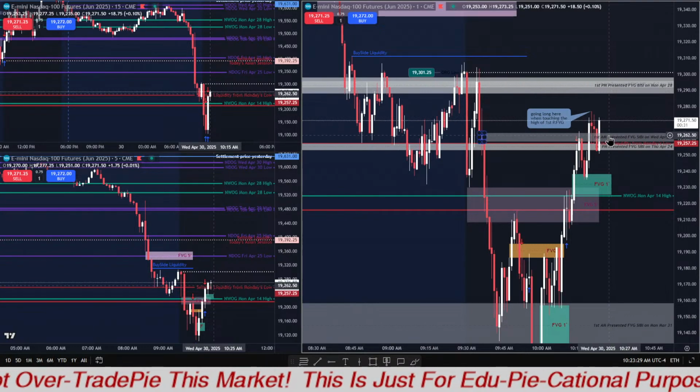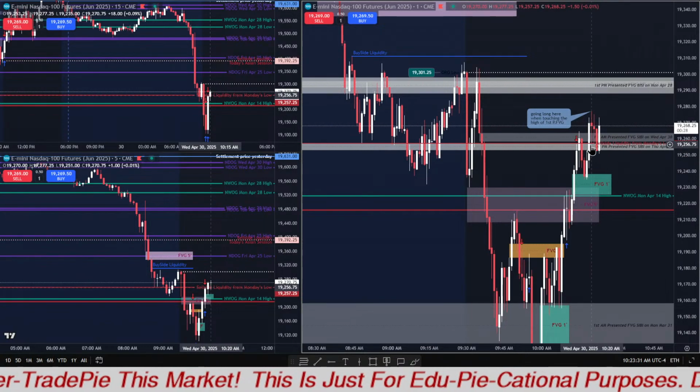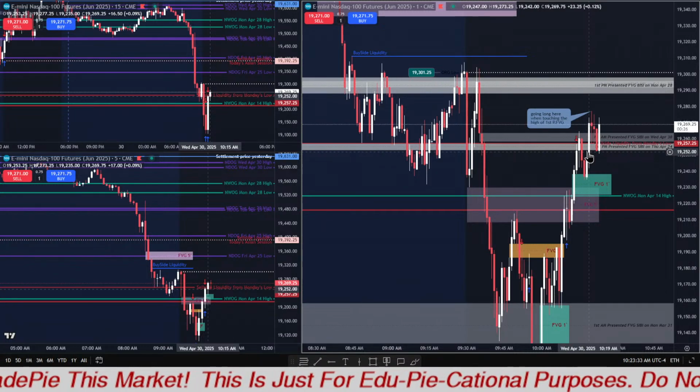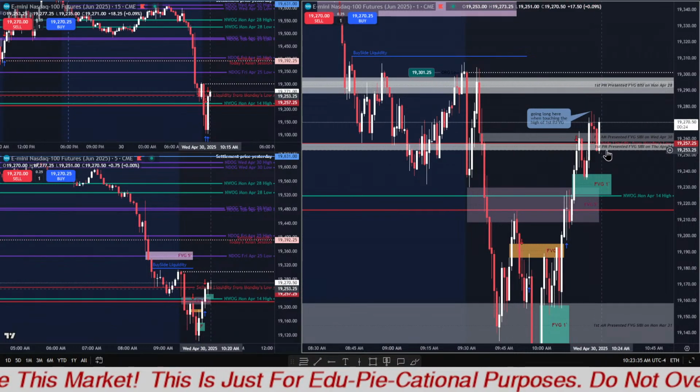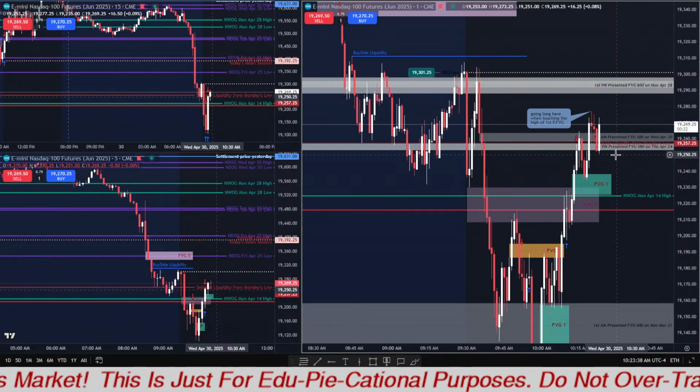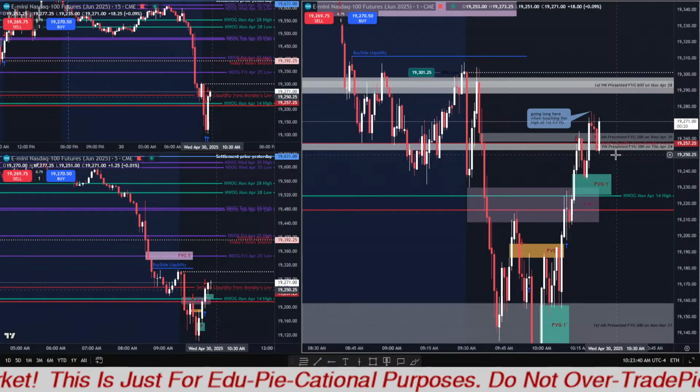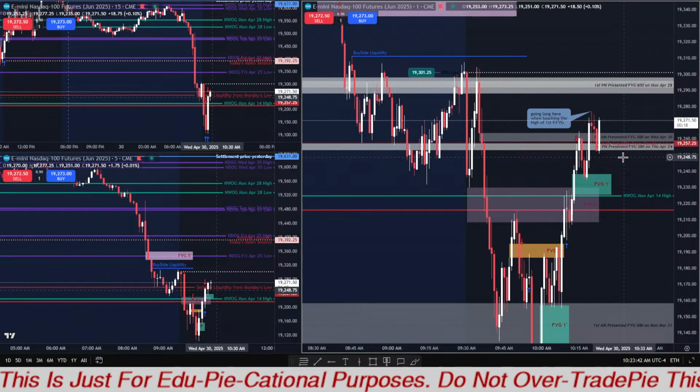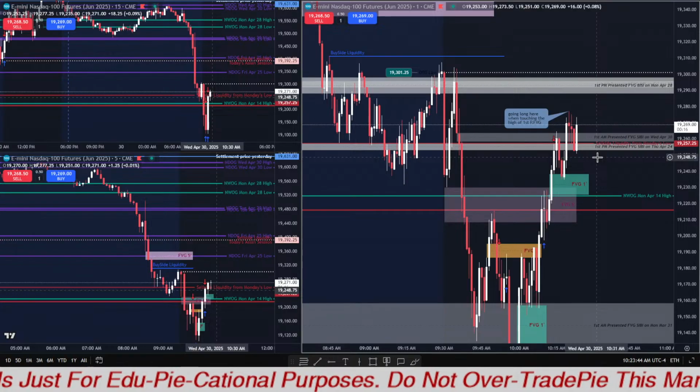We can see a very nice reaction after touching and closing this BC, as well as the first presented fair value gap of last Thursday. Now we are traveling to higher prices.